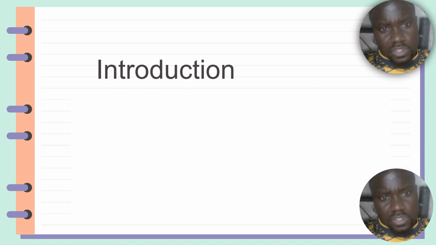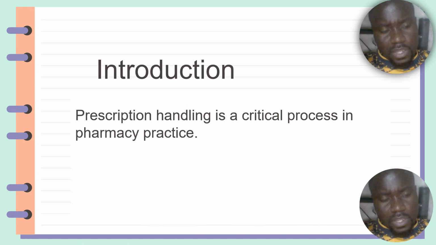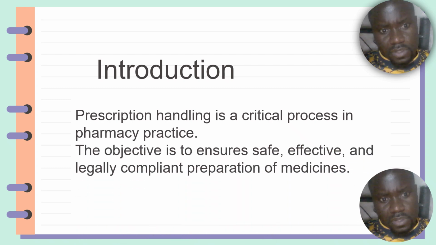So in the introduction, it's just to guide you that prescription handling is a very important process in our pursuit to practice pharmacy. And so you realize the objective of this process is to ensure that the product that we are producing is safe for the patient and is going to endeavor to produce the effect that we intend to produce.